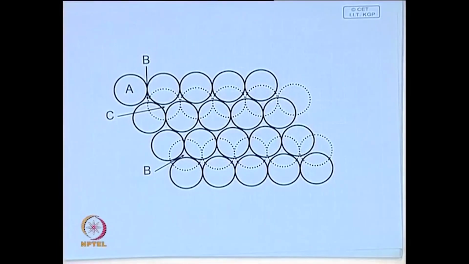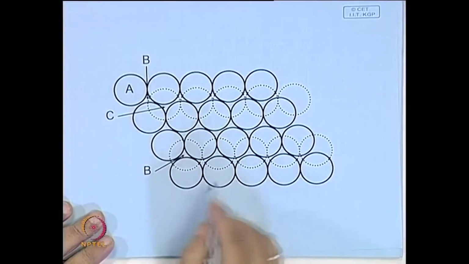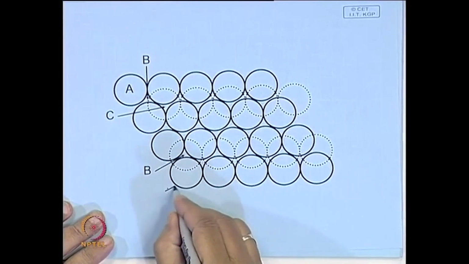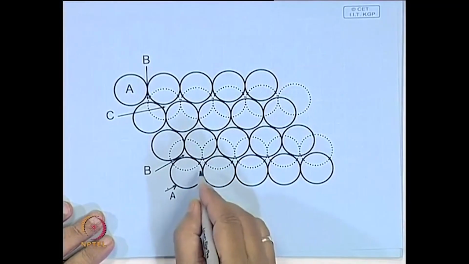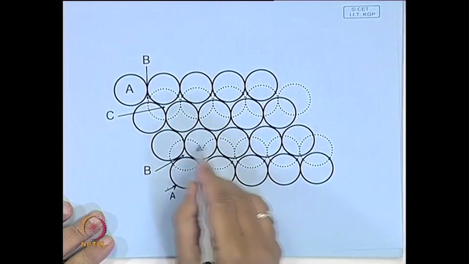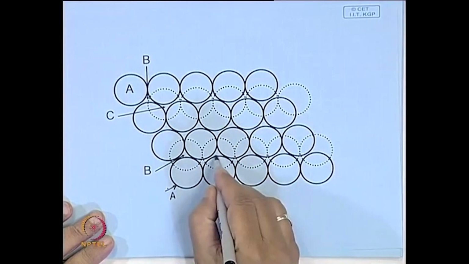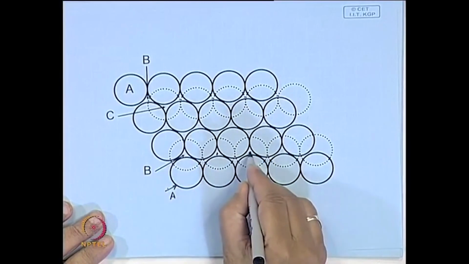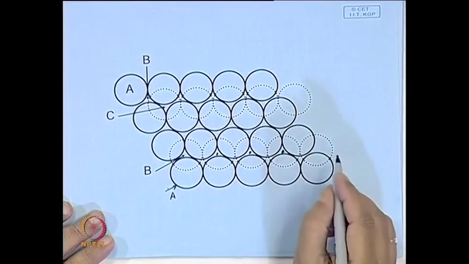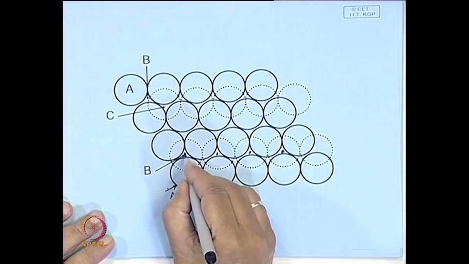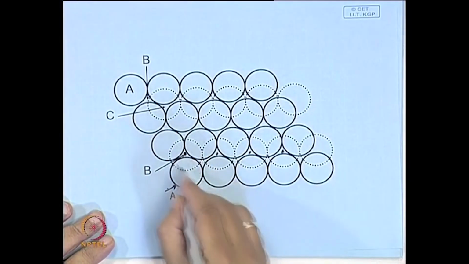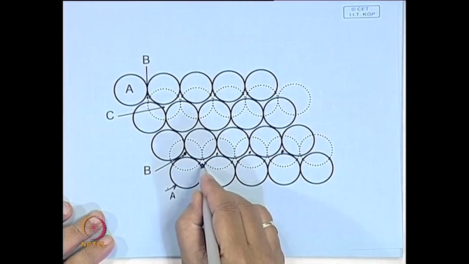In fact, what we said is in a face centered cubic crystal, the different layers are arranged in the fashion which is shown over here, and if we consider the first layer as a layer A, and on the top of it we put another layer of similar hard spheres, these sites are called B sites. Obviously, when you place an atom on the B site, part of the C site is blocked.